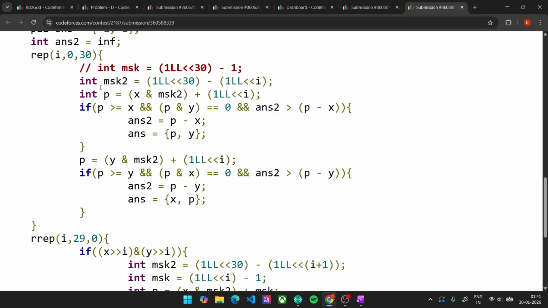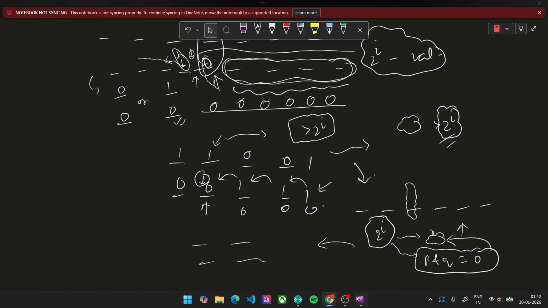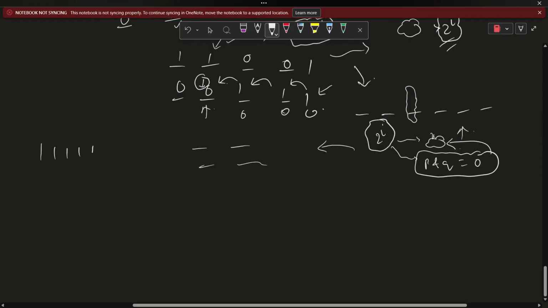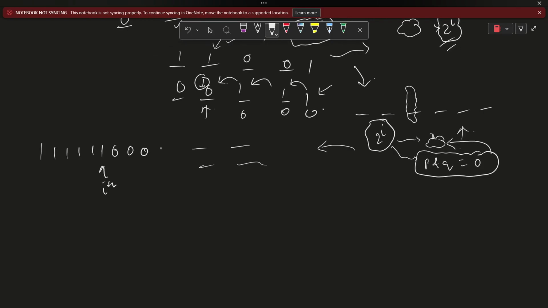So this mask over here basically denotes what? Let's say this is my ith bit. This mask denotes that all the bits are set for j greater than or equal to i, or it is 0.